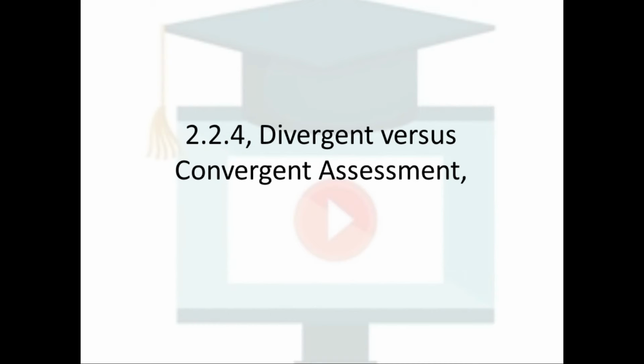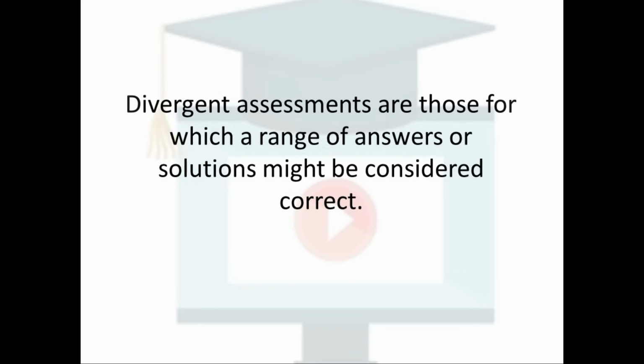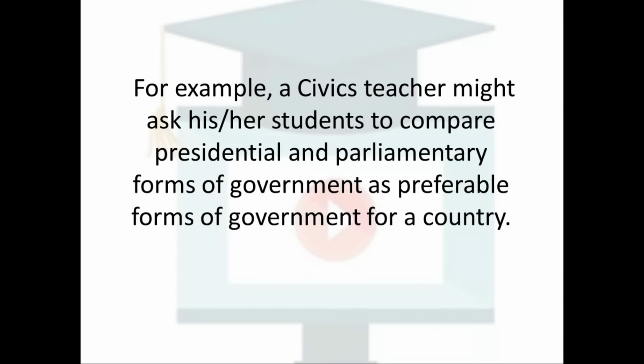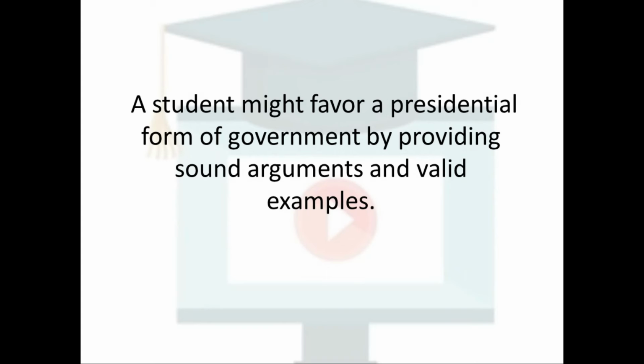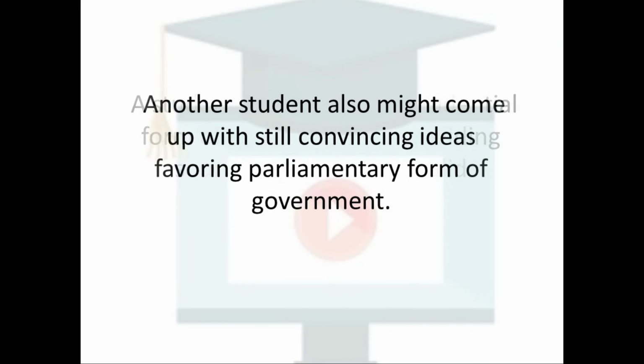2.2.4 Divergent versus Convergent Assessment. Divergent assessments are those for which a range of answers or solutions might be considered correct. For example, a civics teacher might ask his or her students to compare presidential and parliamentary forms of government as preferable forms of government for a country. A student might favor a presidential form of government by providing sound arguments and valid examples.